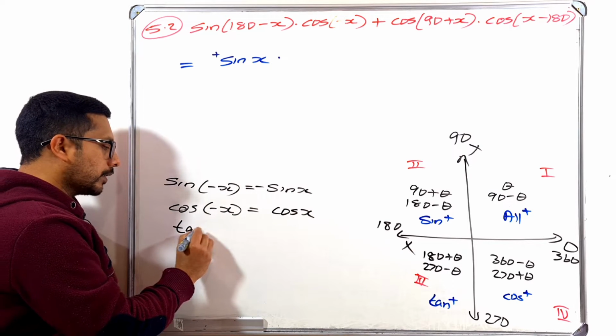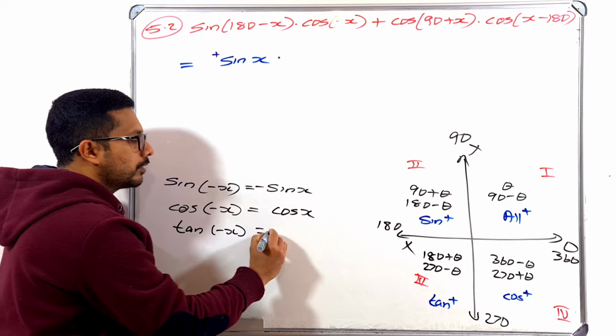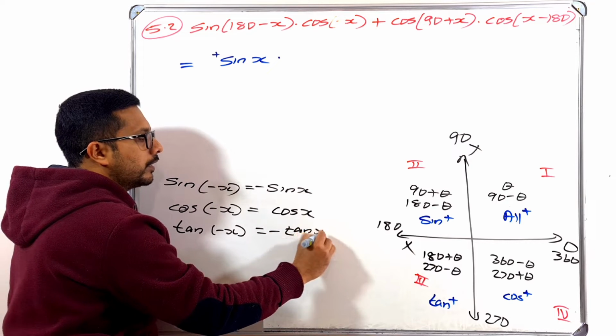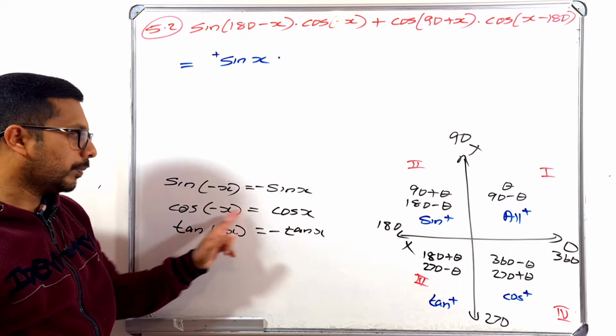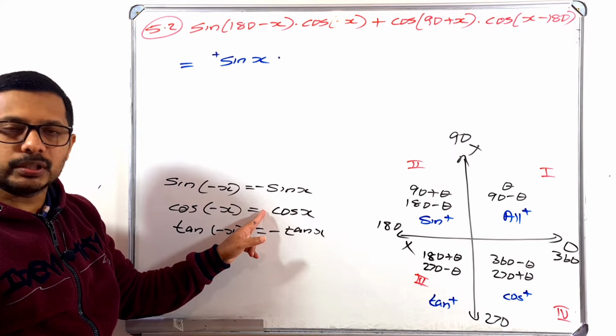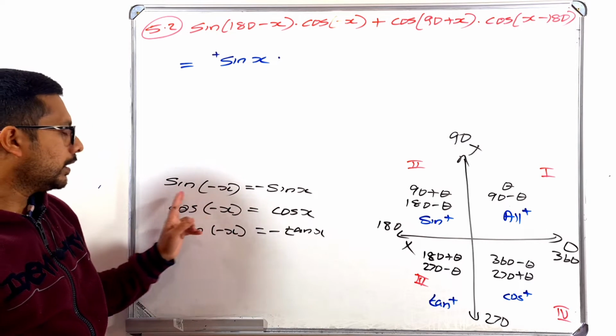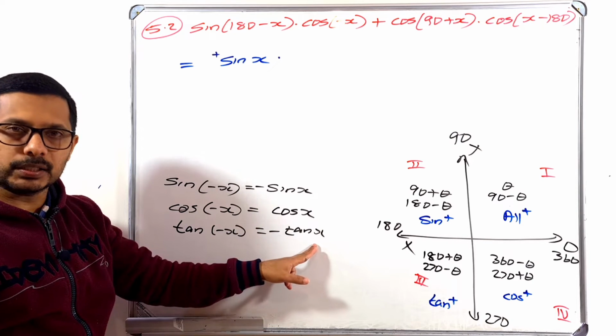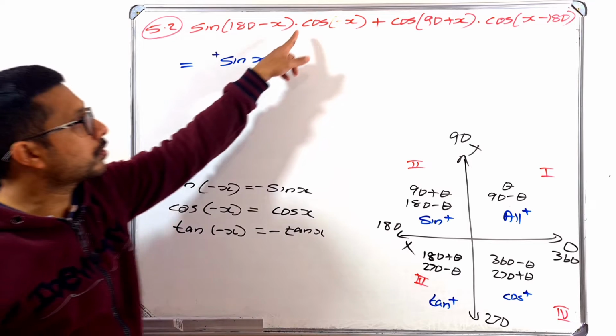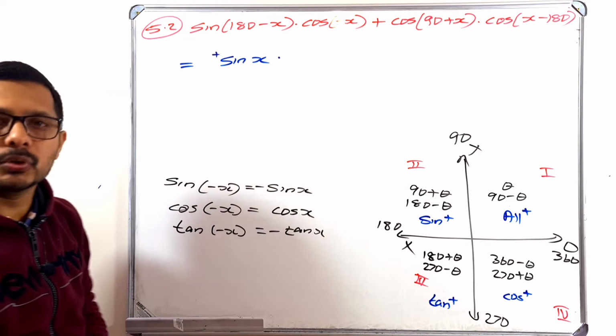Tan of minus x is minus tan x. You have to remember this one. The only difference is that cos of minus x is positive cos x, not negative cos x. Otherwise sine of minus x is minus sine x, and tan of minus x is minus tan x. So cos of minus x is positive cos x.